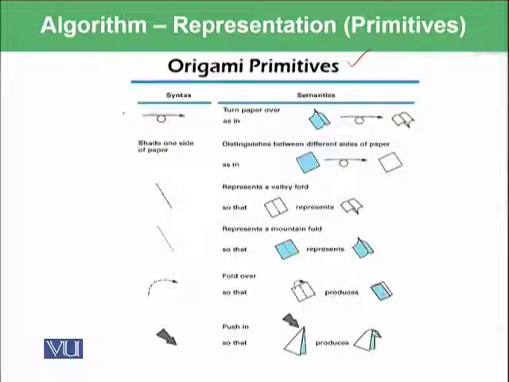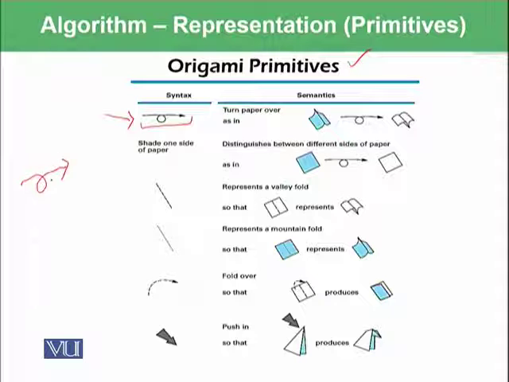For example, if we see this diagram of origami primitives, it has some primitives like this one, the syntax is here and the semantics is here, that whenever you write this thing, this means turn paper over, like this. So this is shown with an example.